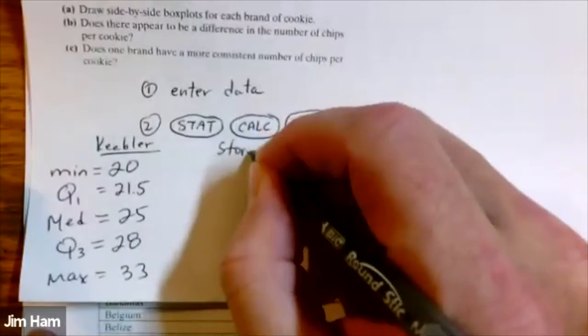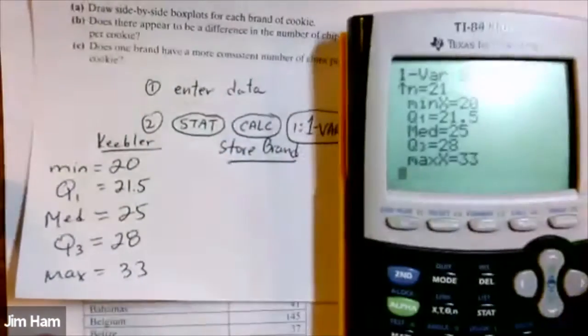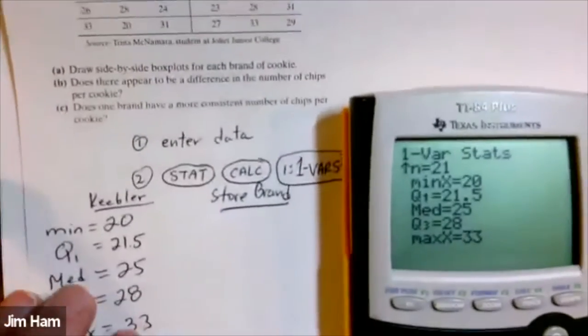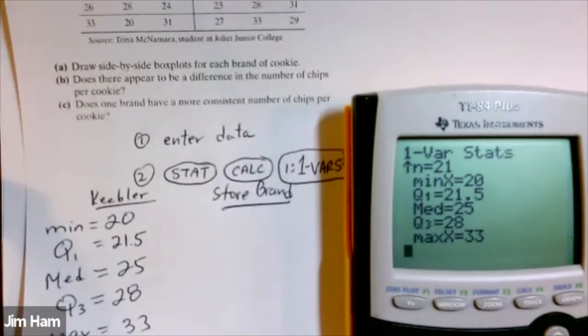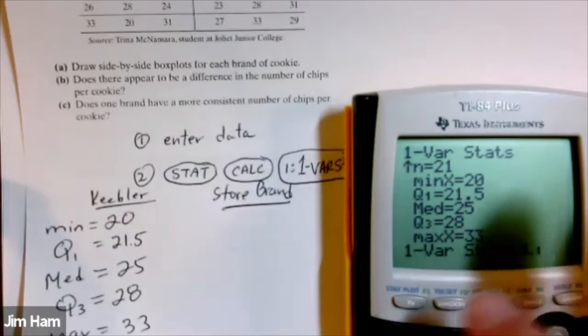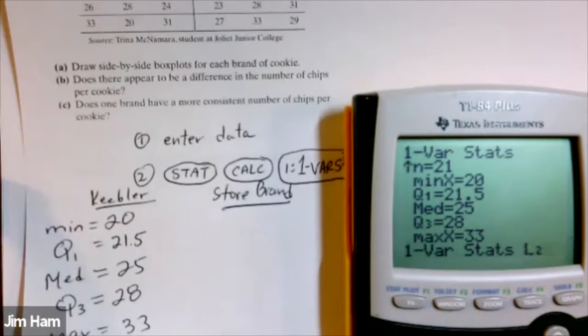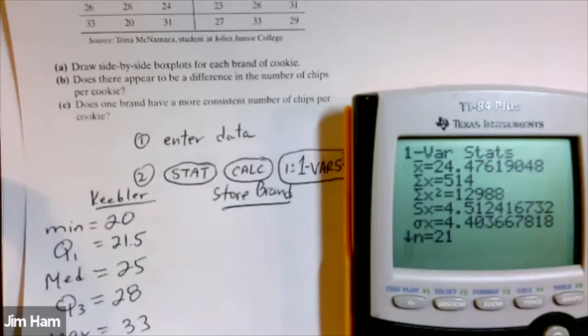And then for the store brand, remember that if you did the same thing that I did, I put those store brand cookies into L2. So when I run the one variable statistics, I have to change my X list to L2. And then it'll calculate the same one variable statistics for the store brand.